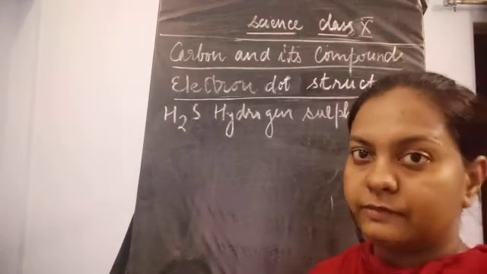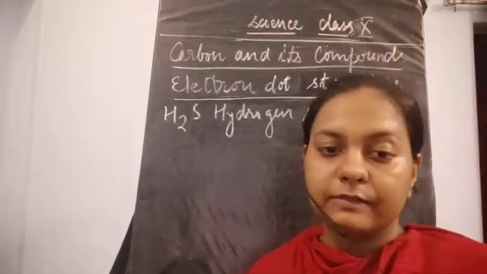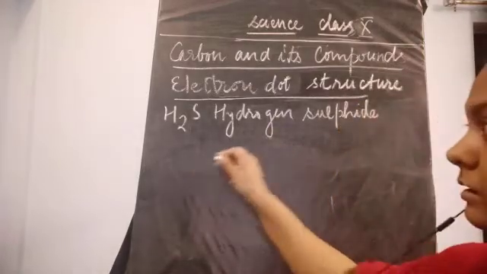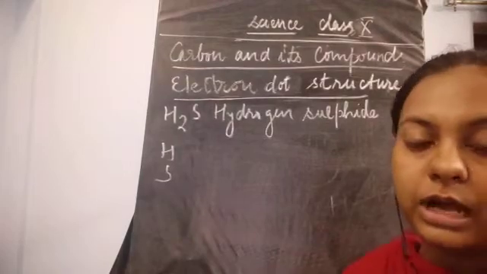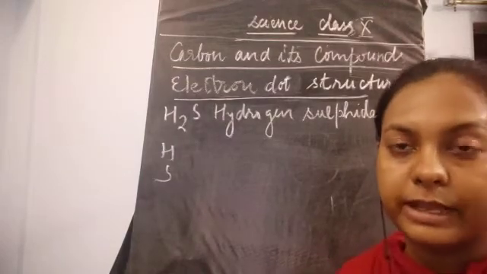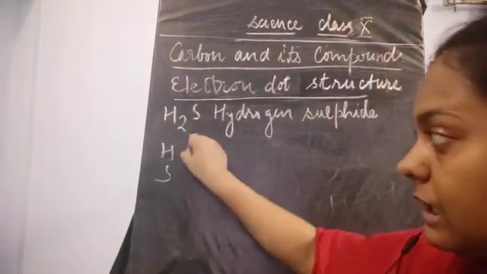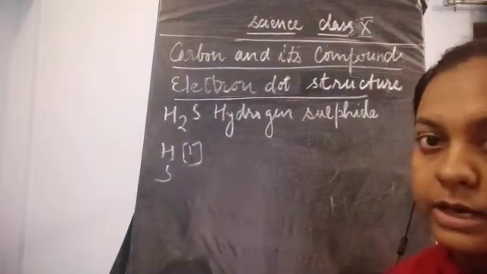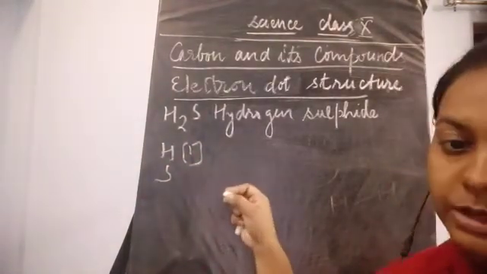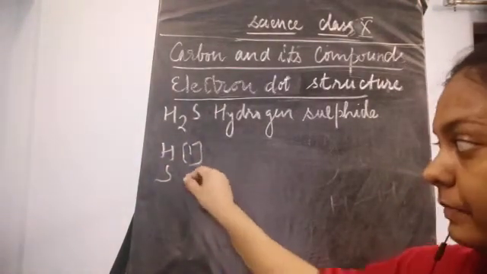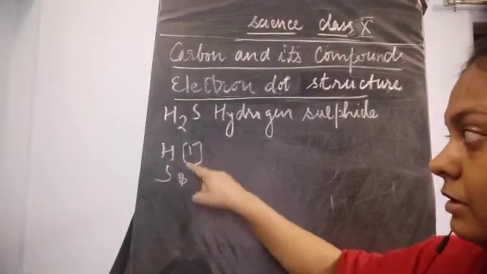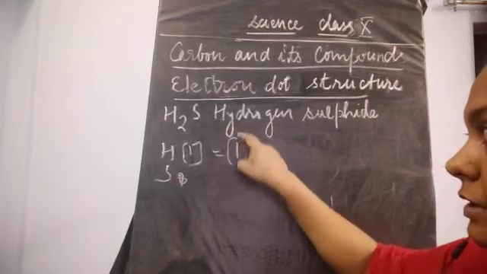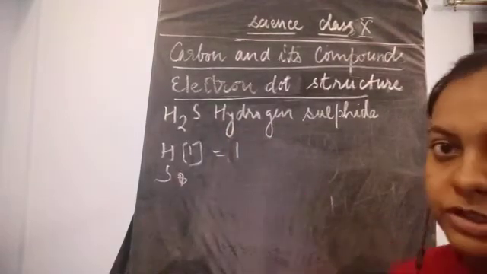How is this hydrogen sulfide being drawn? Hydrogen sulfide is drawn with the help of hydrogen and sulfur. Hydrogen has the atomic number 1, and sulfur has atomic number 16. So the configuration of hydrogen would be only 1 in the first shell.